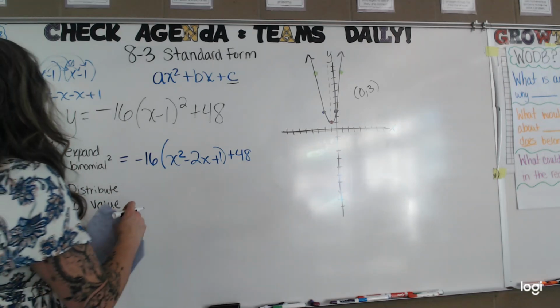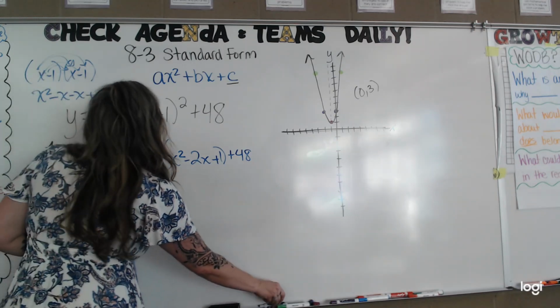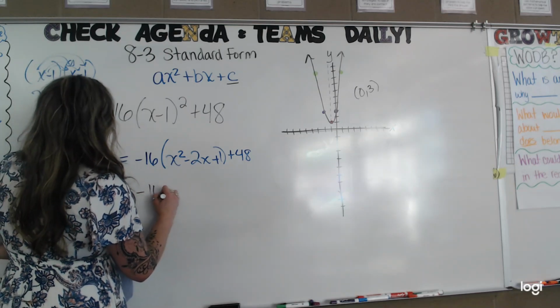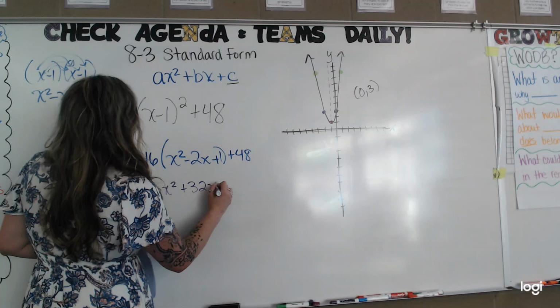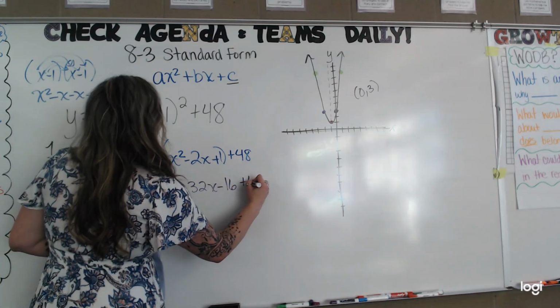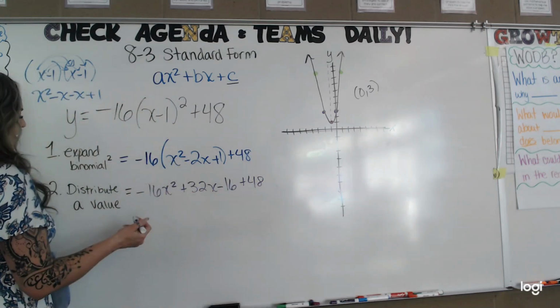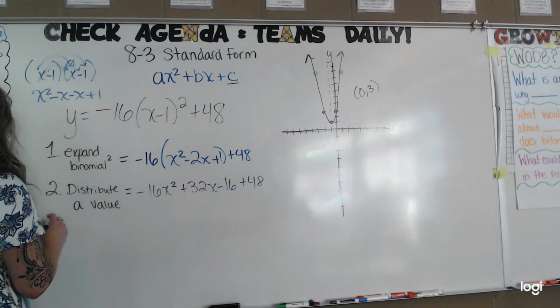So here we go. We get -16x squared plus 32x minus 16 plus 48. Bring that down. Now combine like terms. So step 3, combine like terms.